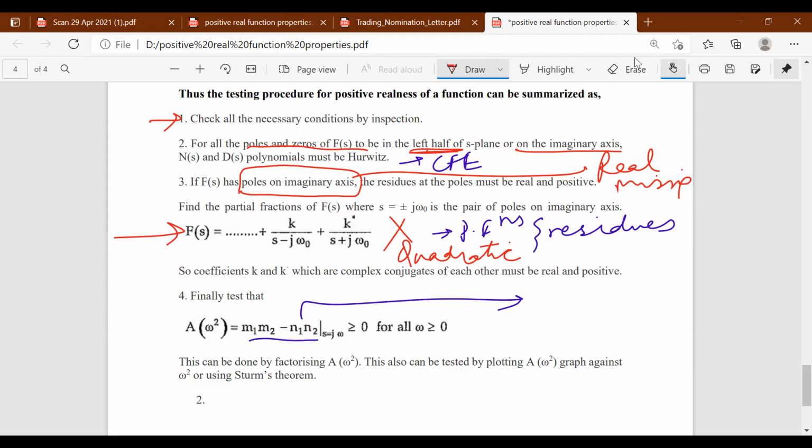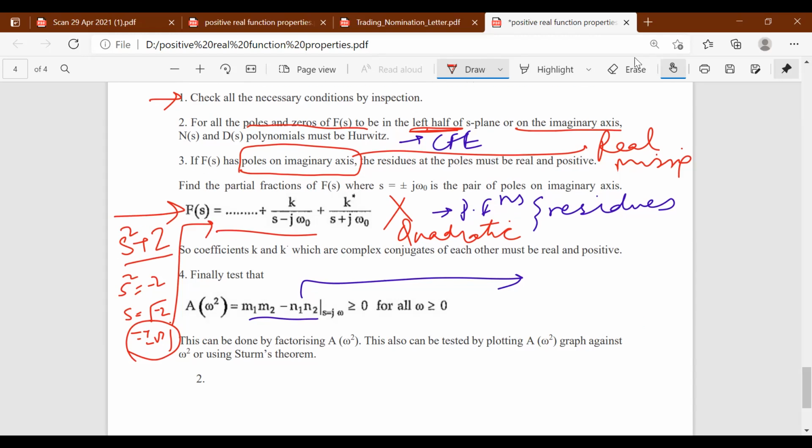You only need to calculate this if the function is given in the s square plus 2 form, because from here you get s square equals -2 and s will be equal to the square root of -2, that is going to give you plus minus root 2 j or 1.414j. So from there you come to know that there is a pole on the imaginary axis, and in such cases you need to calculate your residues, otherwise you have to skip this step. The last one that we just discussed is that you need to calculate this for different values of omega. So let's go on to our numerical part.